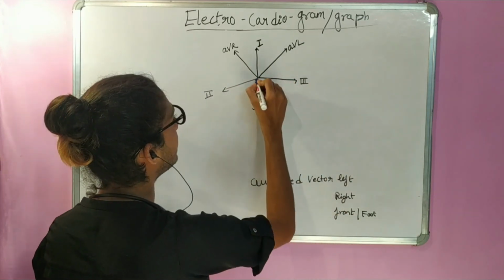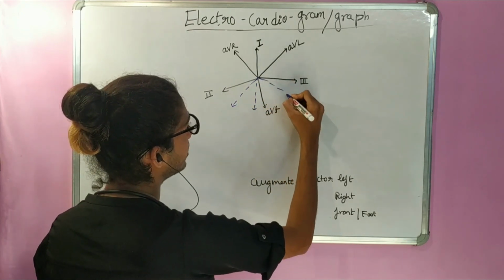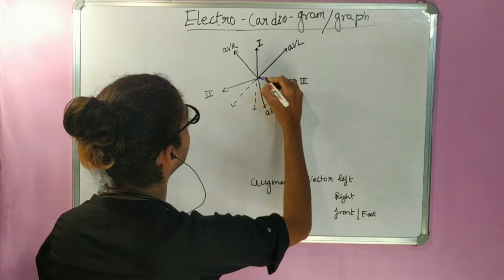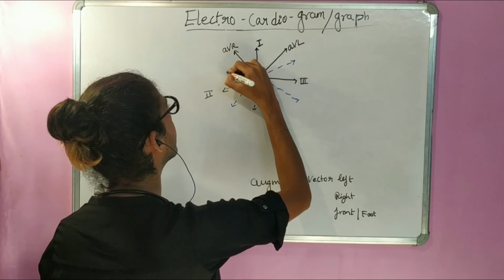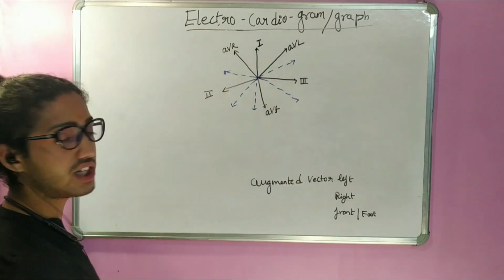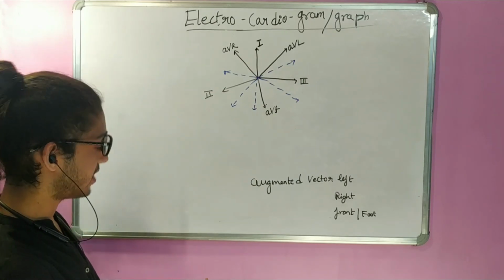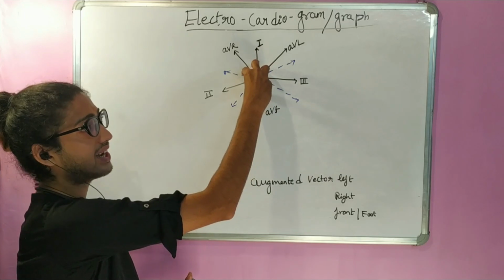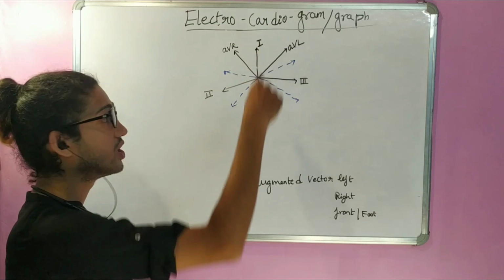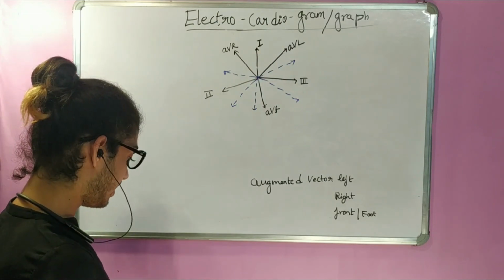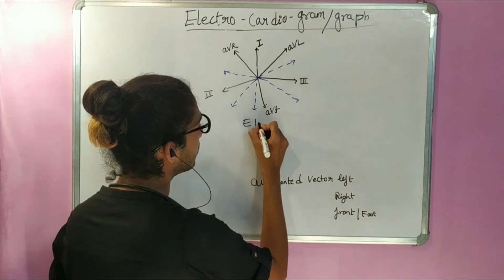Once you start extending these vectors, you will observe that on extension, these vectors form a difference of 30-degree angle each and complete the entire 360-degree angle or axis. So your heart is exactly present here, and this is how the electrical activity of the heart looks like. So that is why we are naming this particular diagram as the electrical axis of the heart.